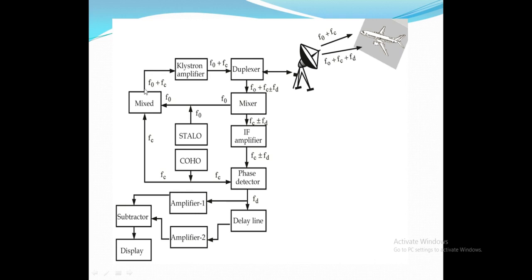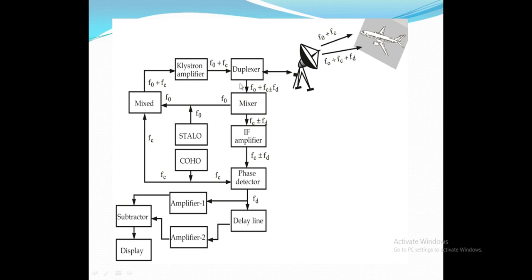It is amplified by the Klystron amplifier, which provides a high power pulse. That high power pulse is radiated into space through the duplexer.